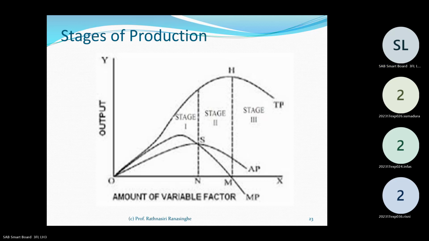That's why you will not select this area, stage one, because there is a possibility to increase the output level further by utilizing the capital. Capital is not fully utilized at this level. Because in the short run we have a given level of capital stock, there is a possibility to increase the labor input further, by using that capital input.